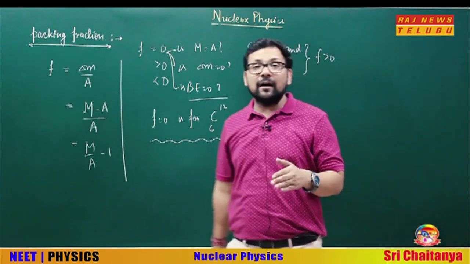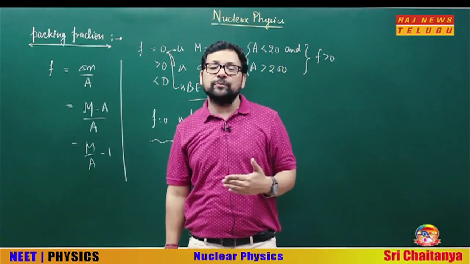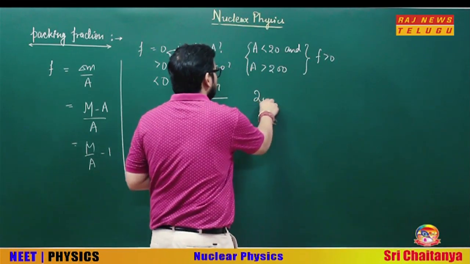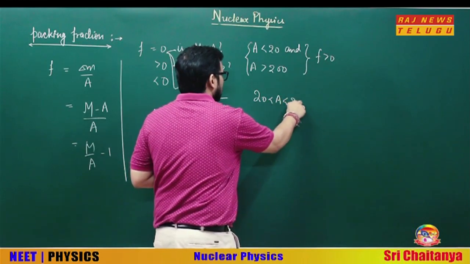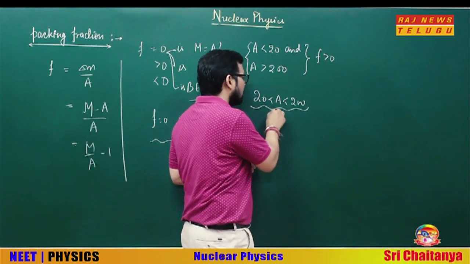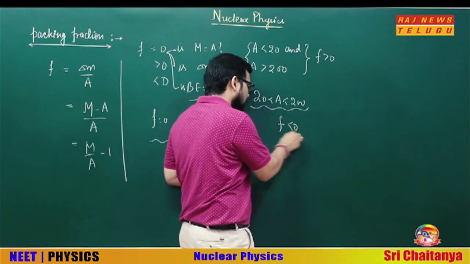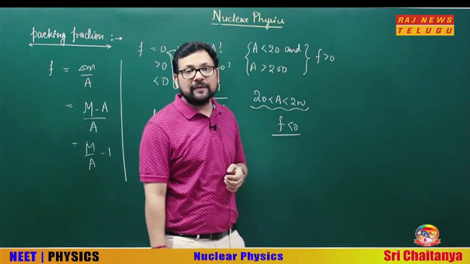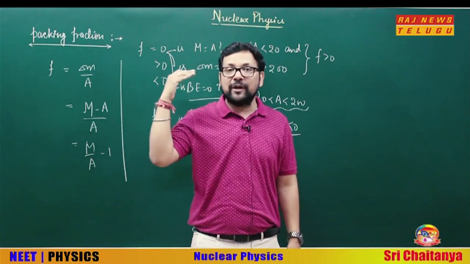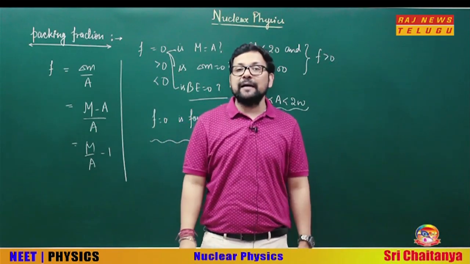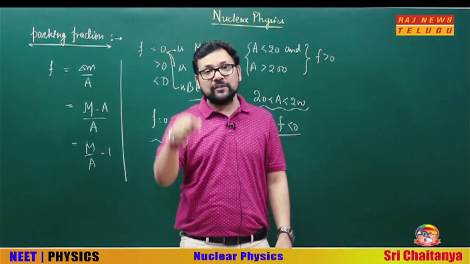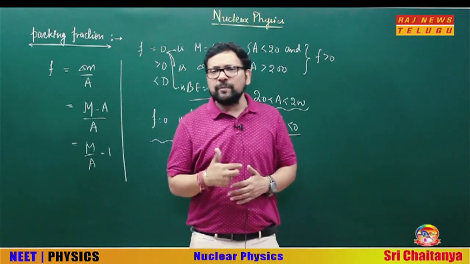Okay, so these are less stable as compared to the carbon, and in the range between 20 to 200, obviously packing fraction is negative. These are more stable than carbon and packing fraction is 0 for the carbon. So my dear students, this packing fraction 0 does not imply binding energy 0. This is a very, very important conceptual question, as well as too good a question for the assertion reason also. So this was packing fraction.